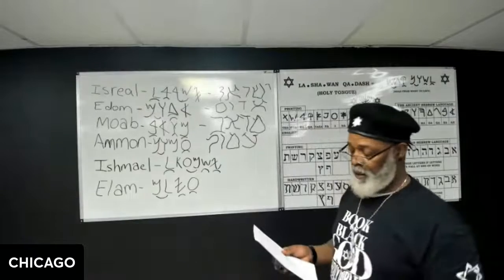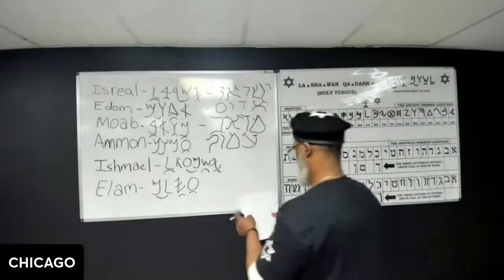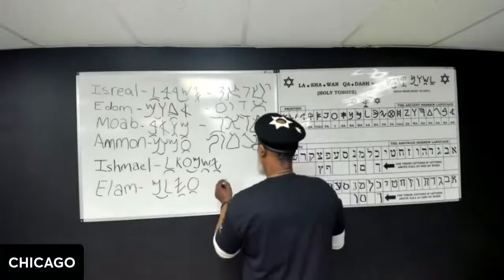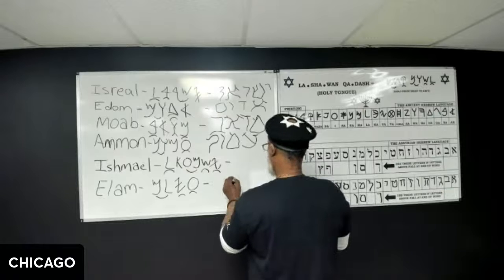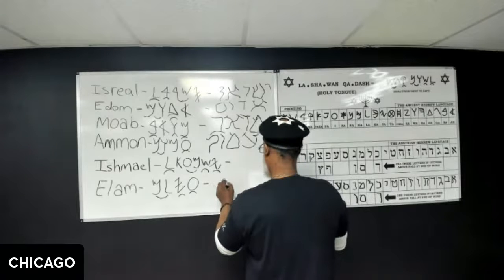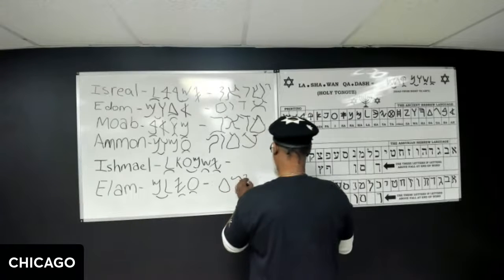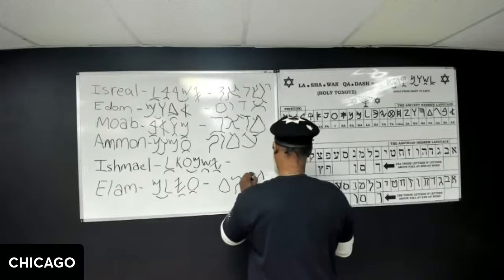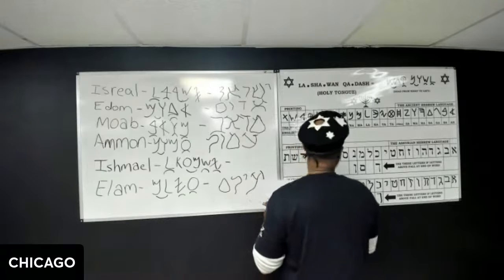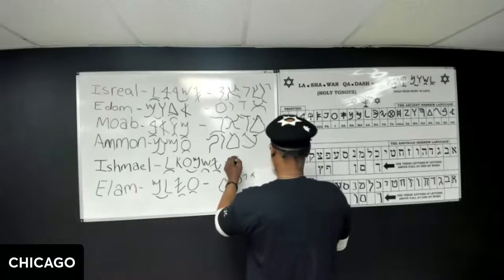I'll give you a couple minutes for anyone that wants to copy these down. This is Assyrian print, Ishmael.